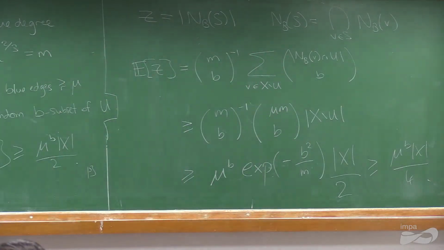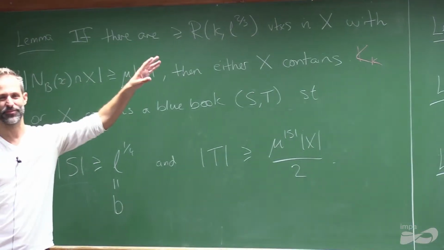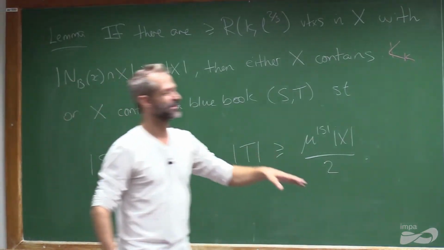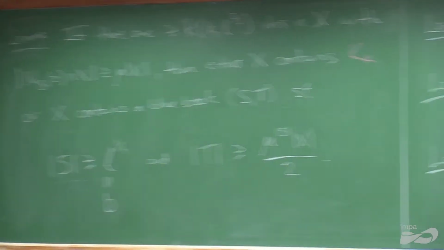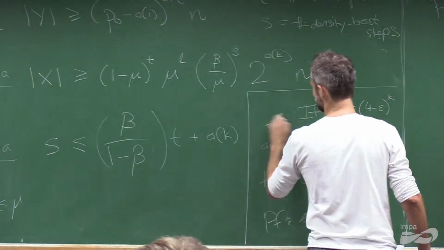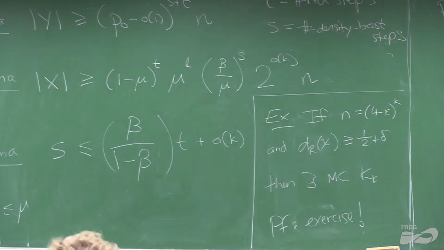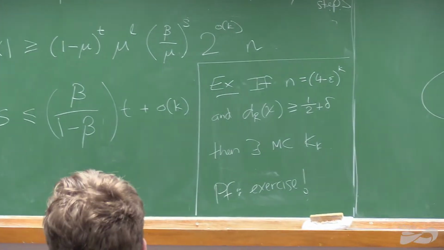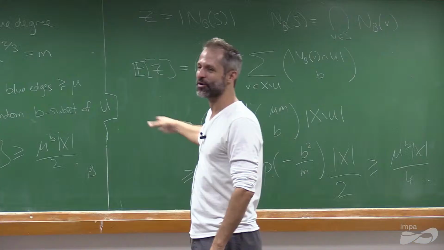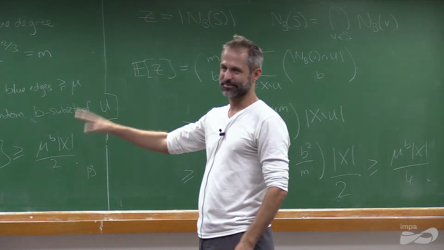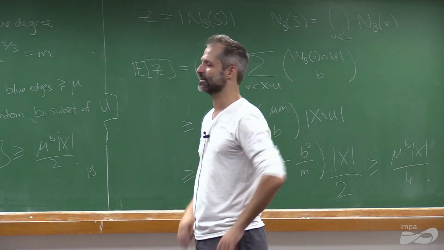Sorry, it's not a corollary of this statement, because I'm doing this with L to the quarter. It's a corollary of the proof. So I use the same proof: find a big book, get a small improvement.